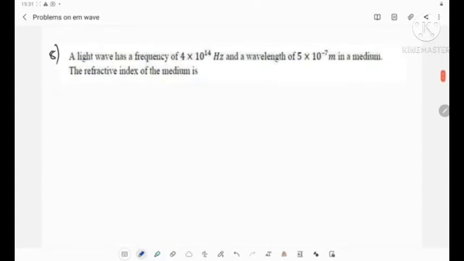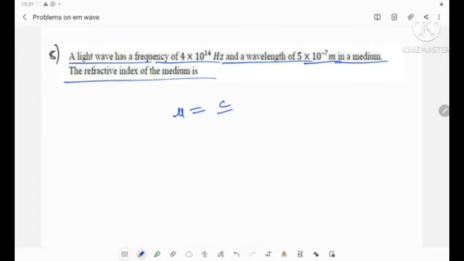Next, 8. A light wave has frequency 4 into 10 to the power of 14 Hz and wavelength 5 into 10 to the power of minus 7 meters in a medium. The refractive index of the material is, refractive index mu is equal to C by V. This C by V, where V is nothing but the velocity of the wave in a medium.